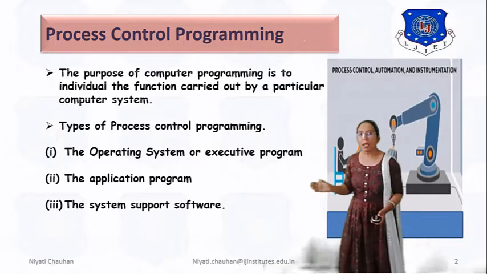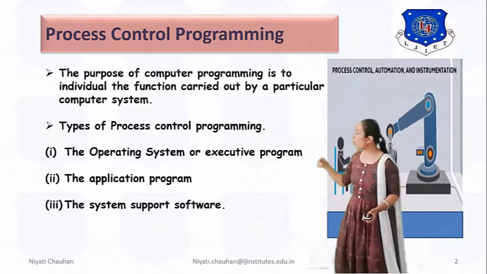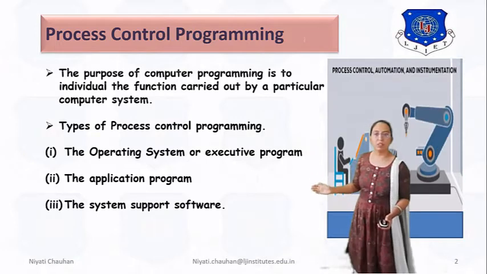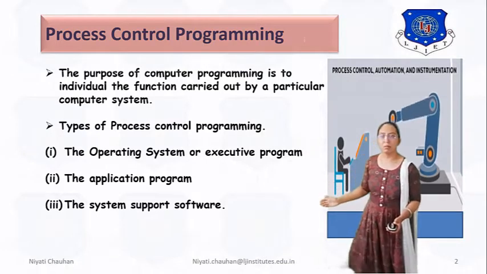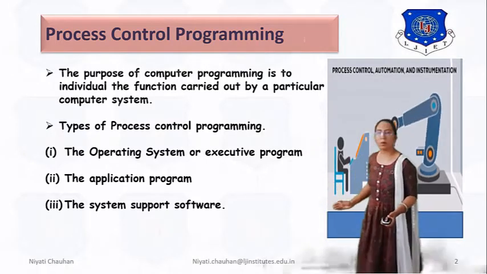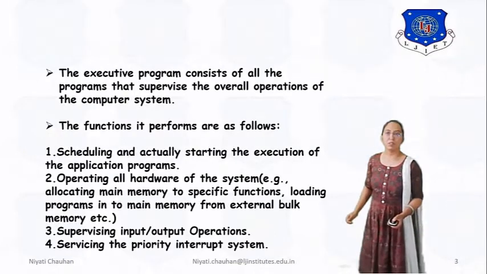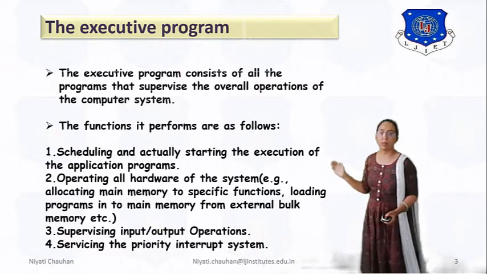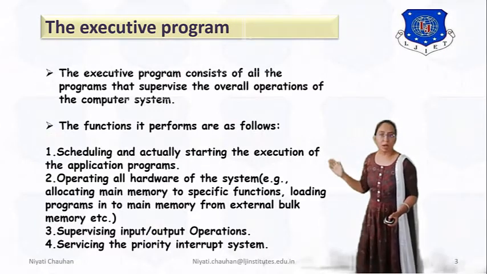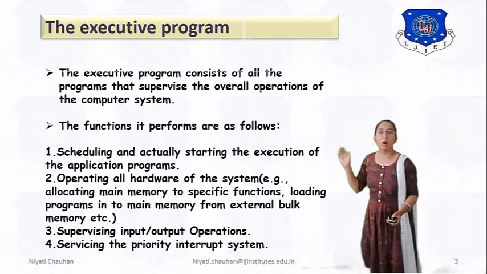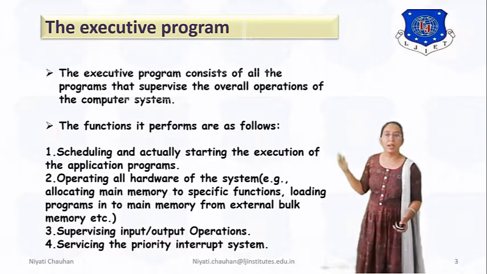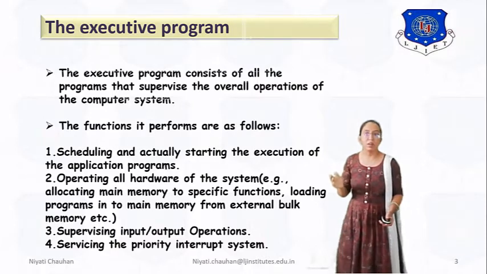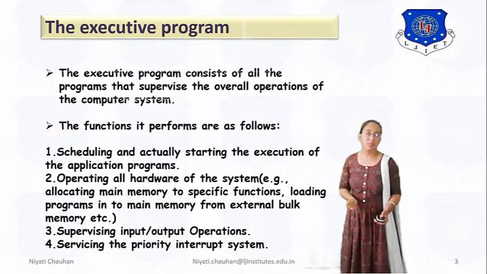In software, we have discussed the operating system. Then number 2, the application program. And number 3, the system support software. So let's see the executive program first. The executive program consists of all the programs that supervise the overall operation of the computer system.